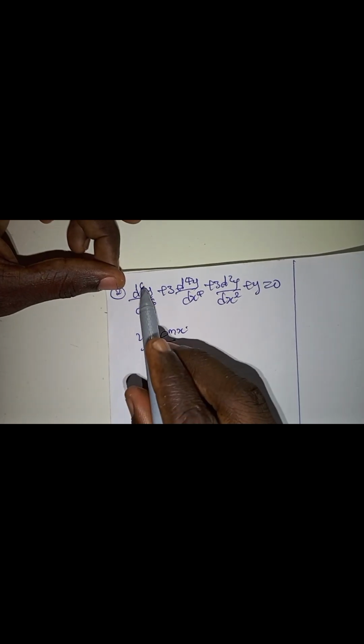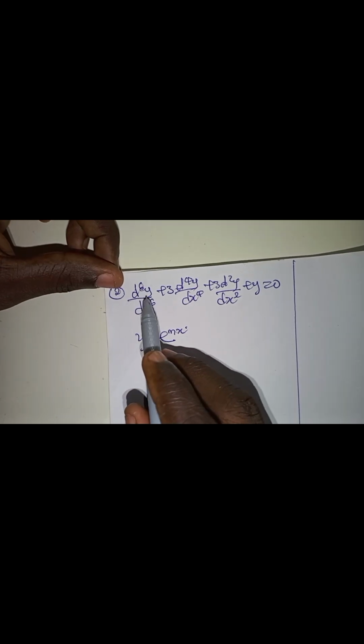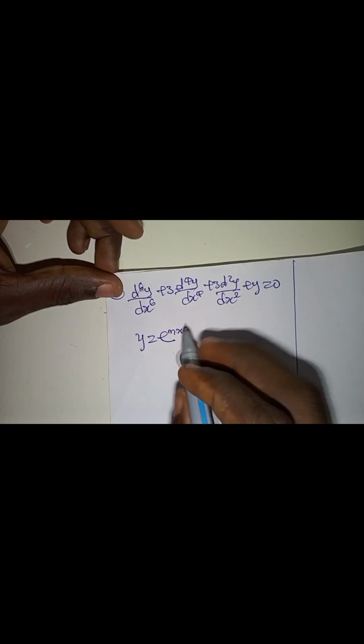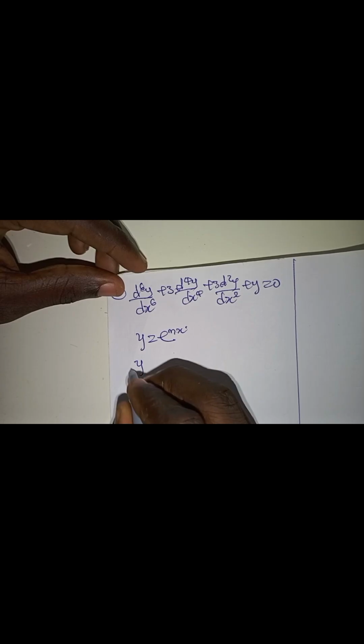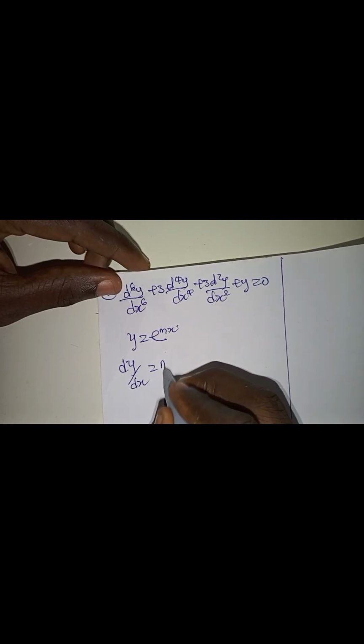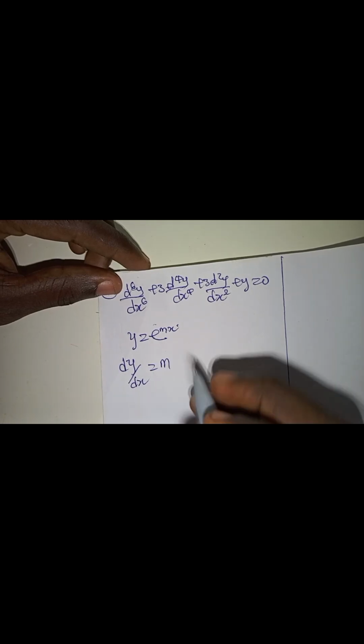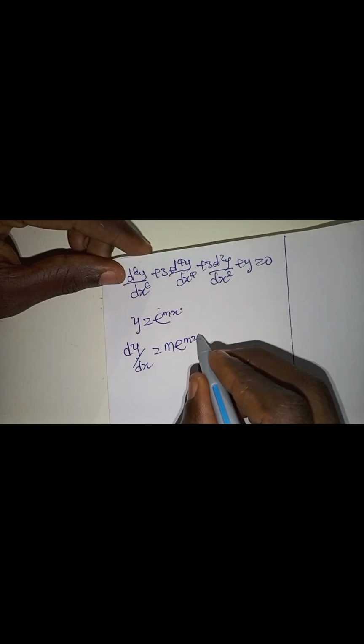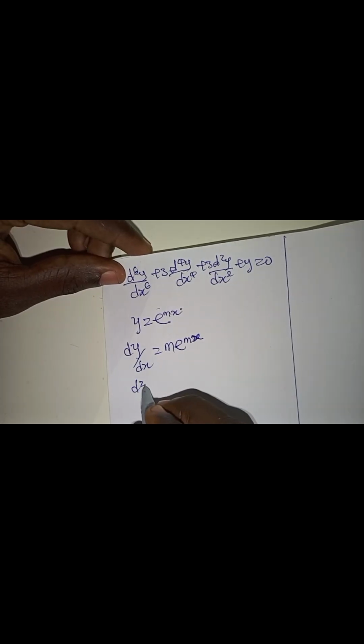The highest power here is 6, so I'm going to differentiate this 6 times. So dy dx here is, like I said before, in differentiating this you just take the m multiplied by this whole expression, so this is m exponential mx. For d squared y dx squared, I'm going to have m squared exponential mx.